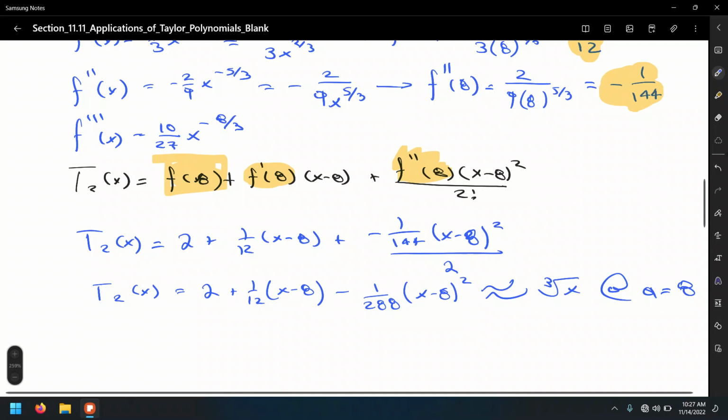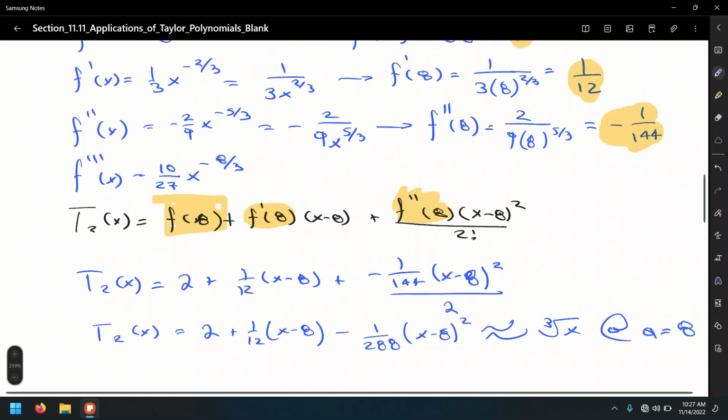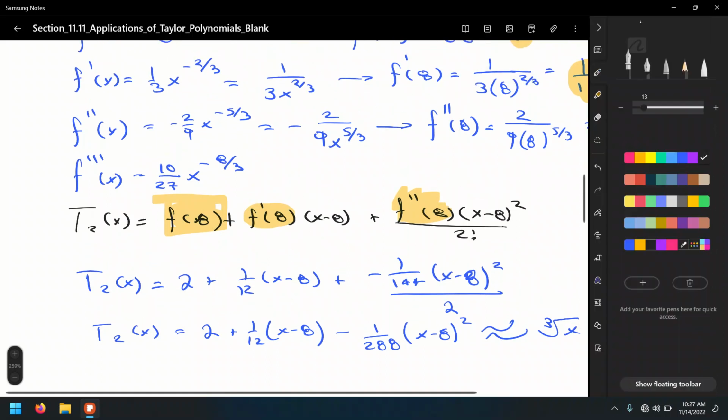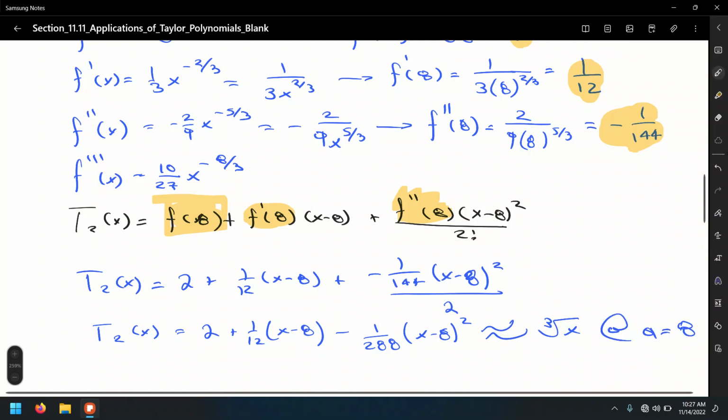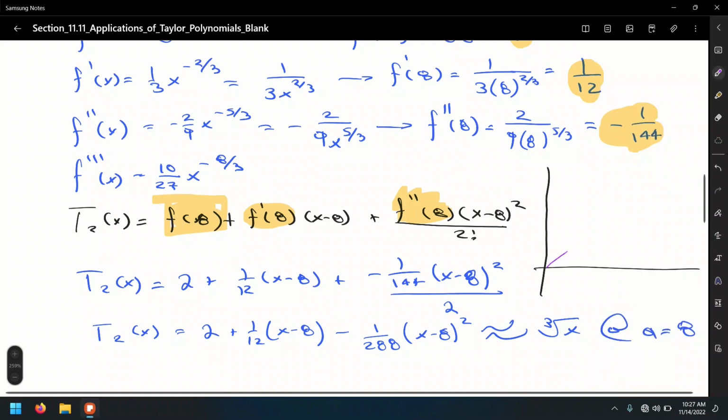Well, so now we want to find that error. And again, the picture here is, okay, let me just draw a very generic graph. This is the graph of the cube root of x.